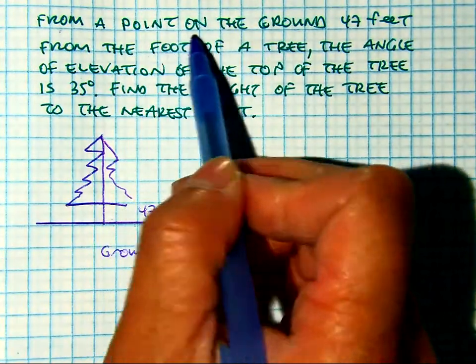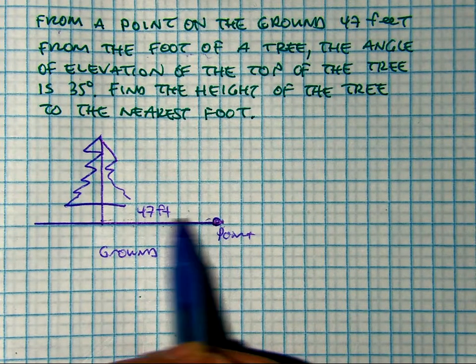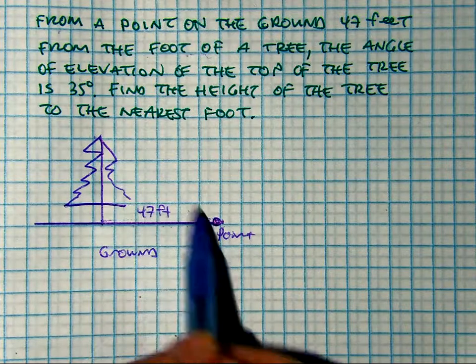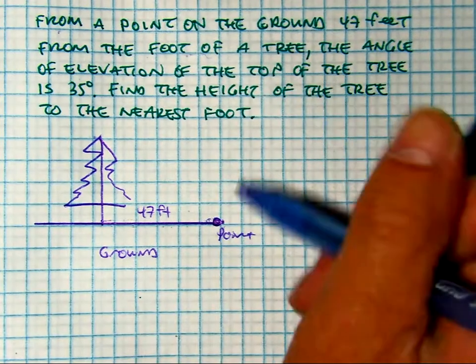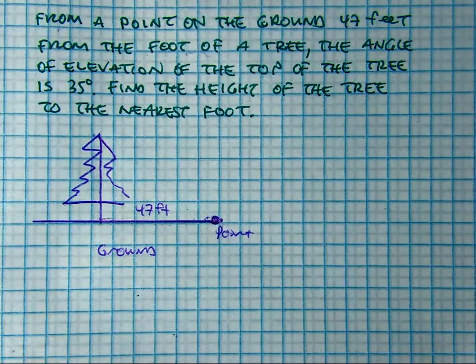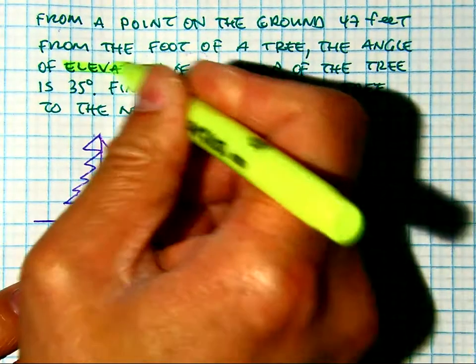From a point on the ground, 47 feet away from the base. Notice how you're not throwing a string up there or flying up there to get your jelly beans. The angle of elevation, so from this point, if you see the word elevation, think like an elevator. Well, why do you need an elevator?